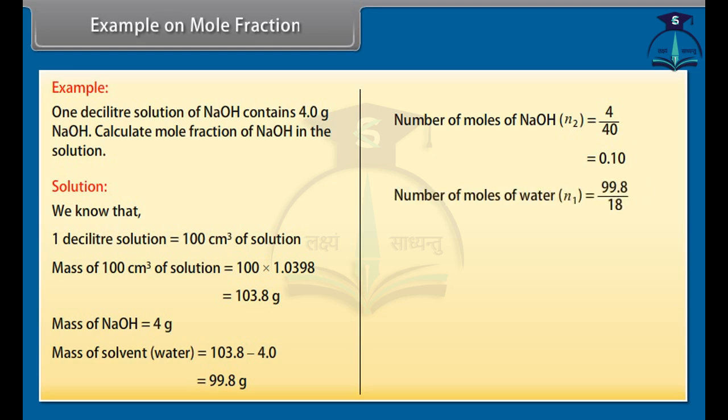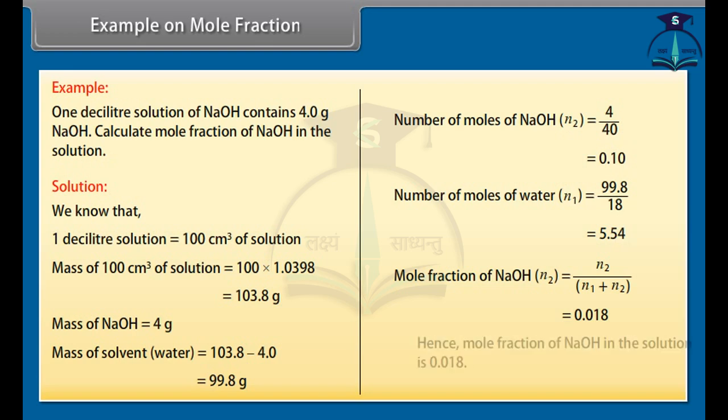Number of moles of water, N1, is equal to 99.8 divided by 18, which is equal to 5.54. Mole fraction of NaOH, X2, is equal to N2 upon N1 plus N2, which is equal to 0.018. Hence, mole fraction of NaOH in the solution is 0.018.